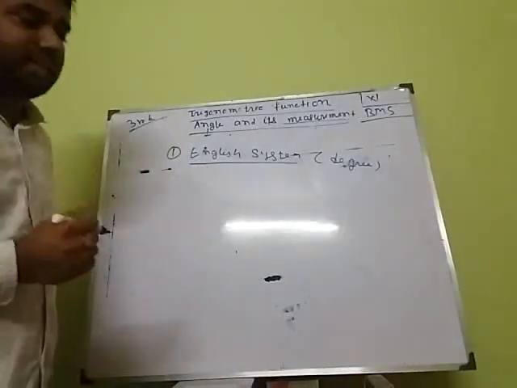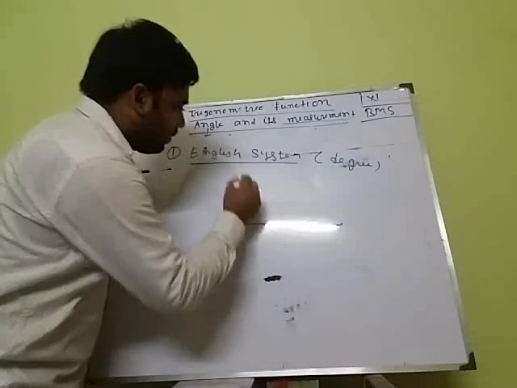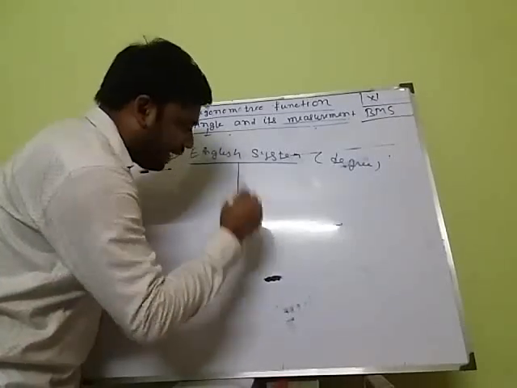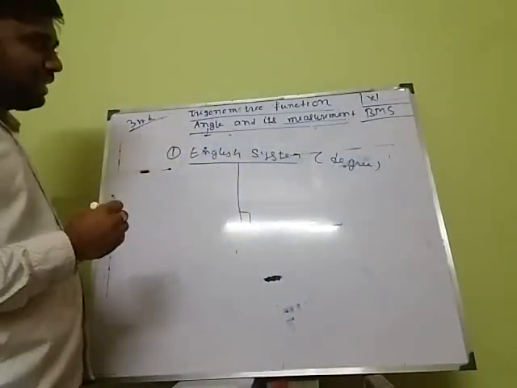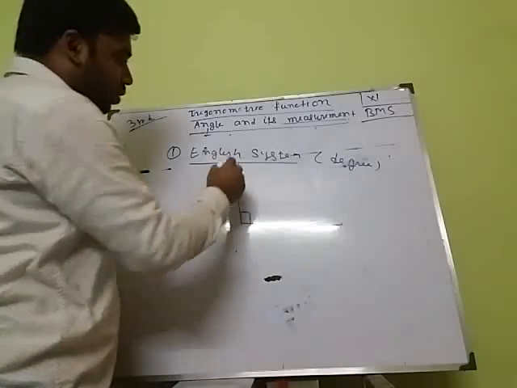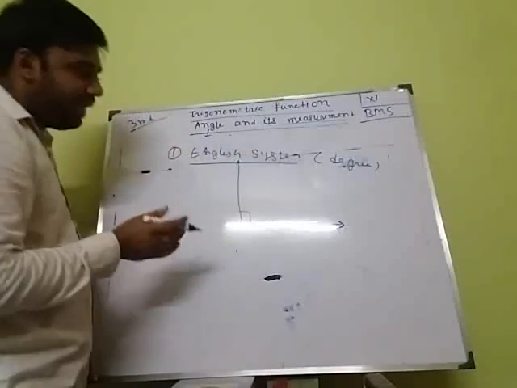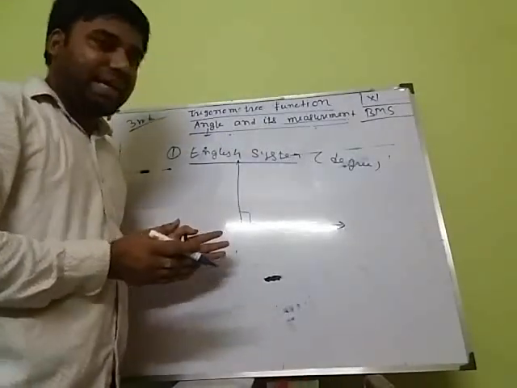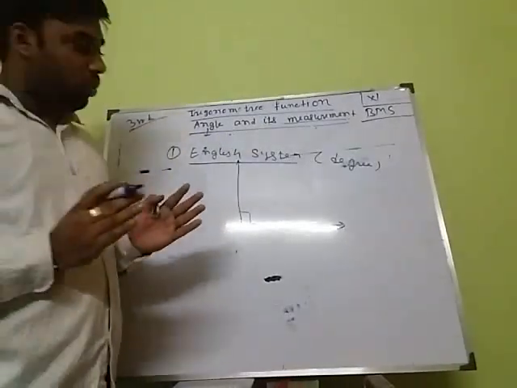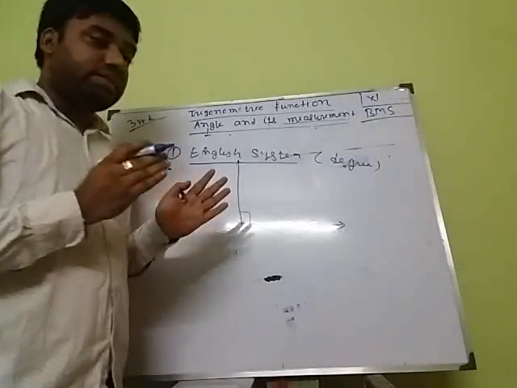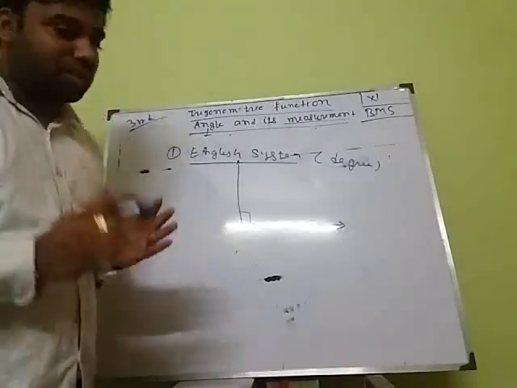First of all, what is a degree? We know that this is a right angle. Now that right angle is divided into 90 parts. One right angle is divided into 90 parts.